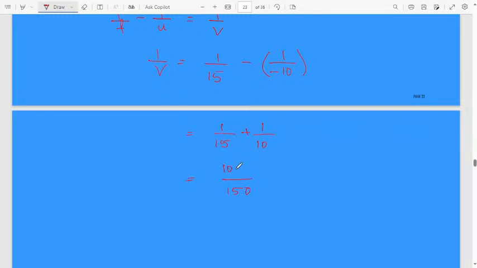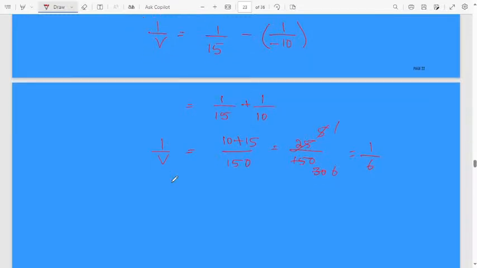Cross multiply: 10 plus 15, 25 divided by 150. 5 fives are 25, 5 thirties are 150, so you will get 1 by v is 1 by 6. Then v will be 6 centimeter, positive 6 centimeter.